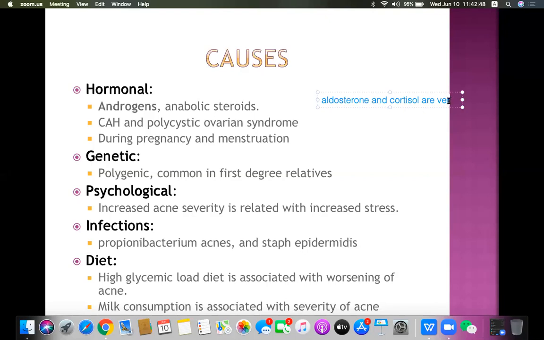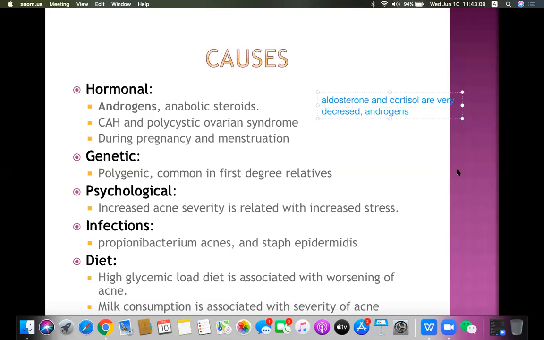Now, what happens if they cannot be synthesized? If they cannot be synthesized, then those metabolites will undergo the androgen pathway, or sex steroid pathway. So androgens are excessive in case of CAH. That is the reason for acne.